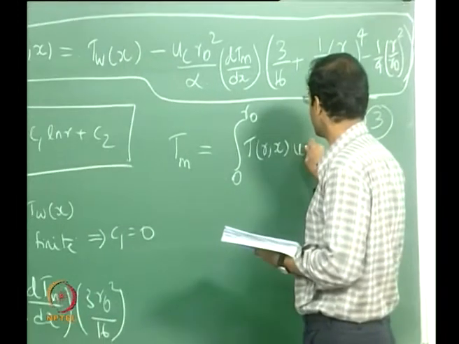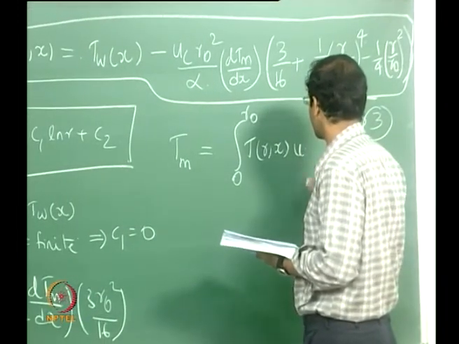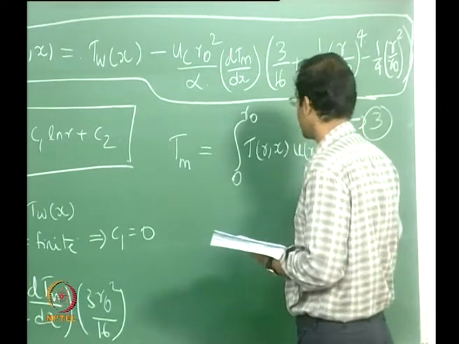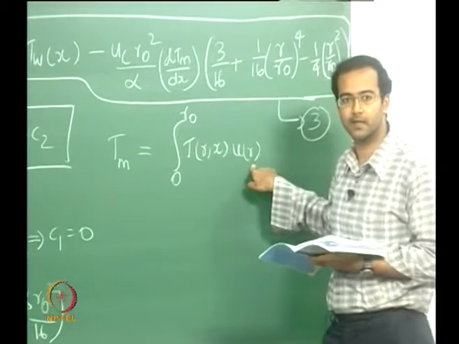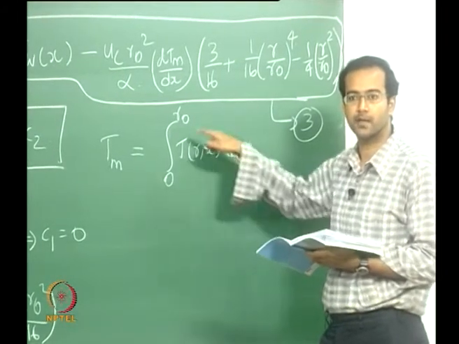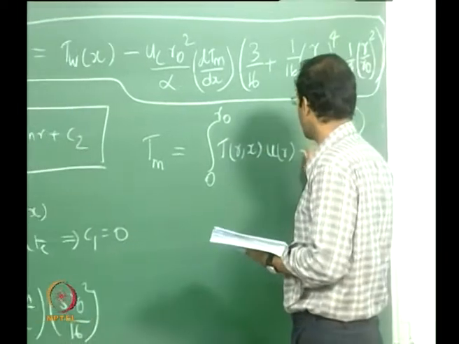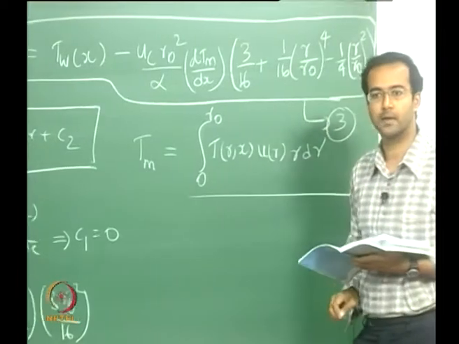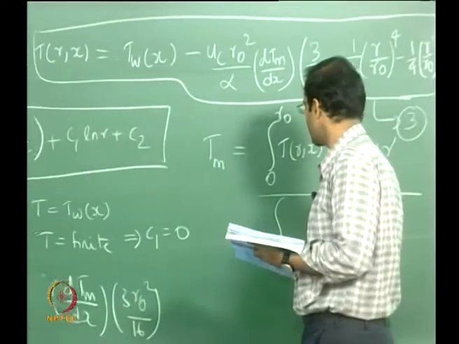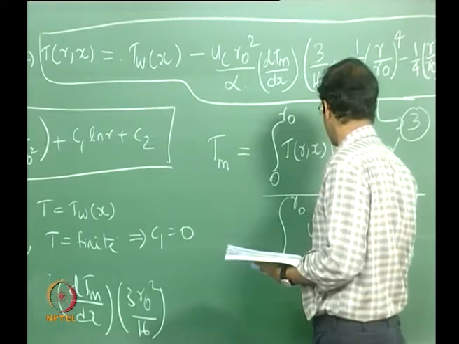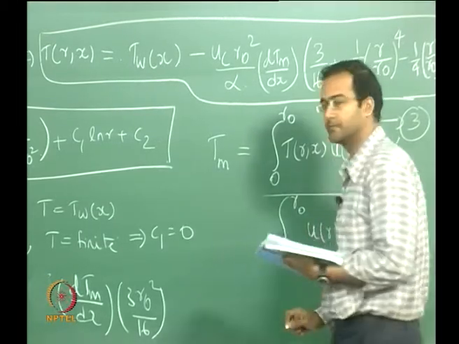So you have U, and of course U is a function of only R. Okay, and what is the differential area? 2 pi RdR. 2 pi cancels in the numerator and denominator, you have RdR. In the denominator it has to be divided by the mass flow rate. Okay, so 0 to R naught, you have U of R into RdR.